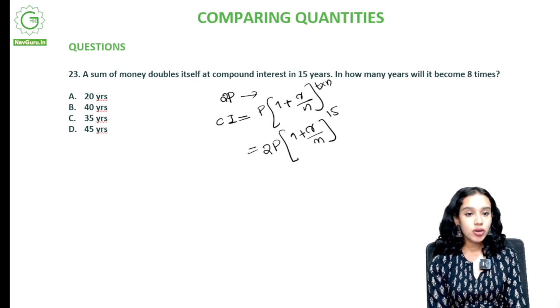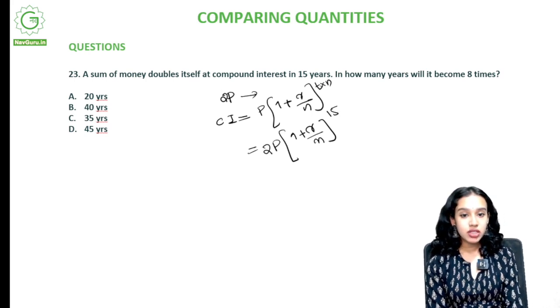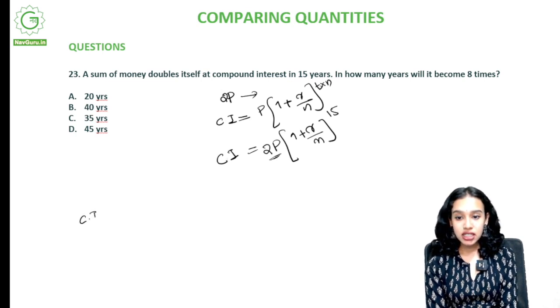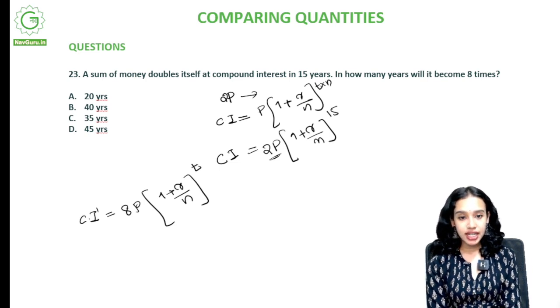Now in how many years will it become 8 times? Now we need to make this principal into 8 times. So let's say this is the compound interest. Now let's see the new compound interest is equal to 8 times p into 1 plus r by n raised to t, right?